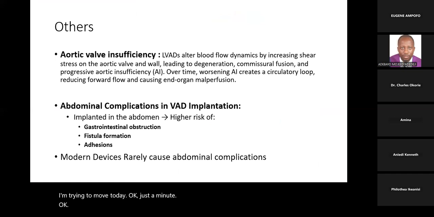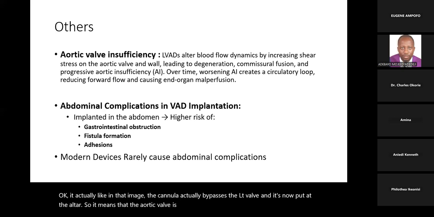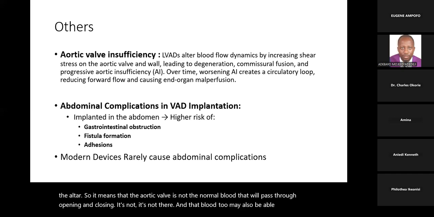In that image, the cannula bypasses the aortic valve and is placed in the aorta. So the aortic valve does not have the normal blood passing through, opening and closing, and blood may also leak back.